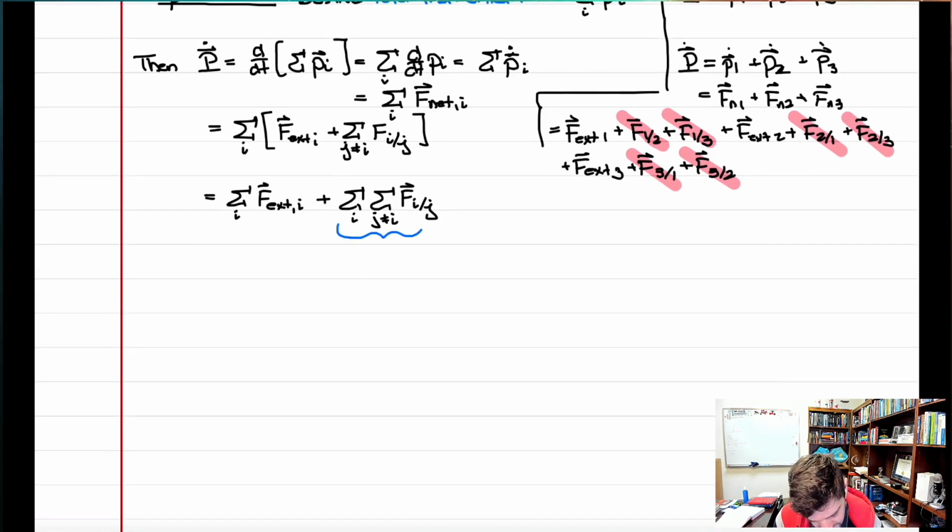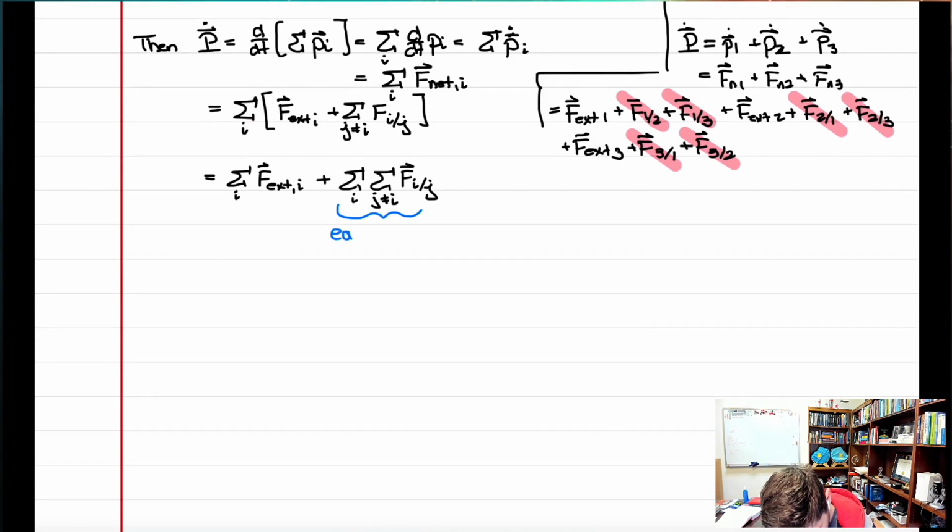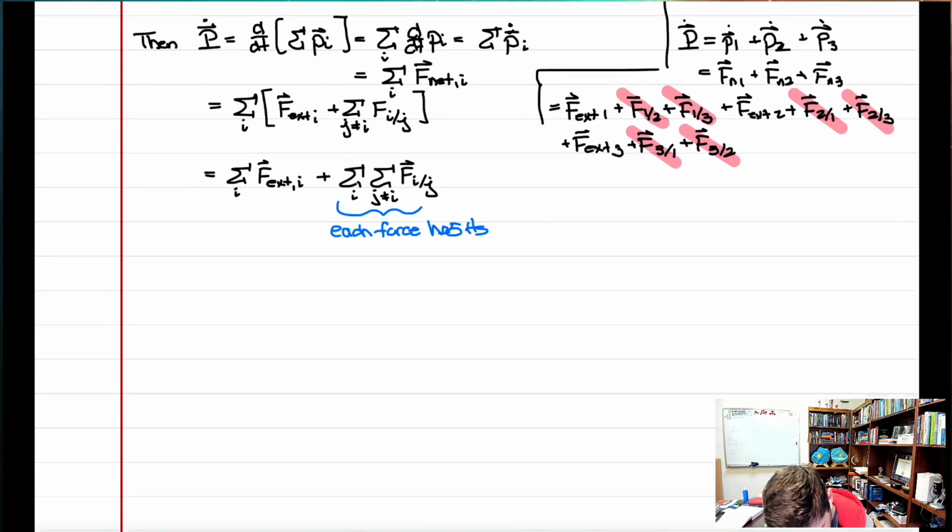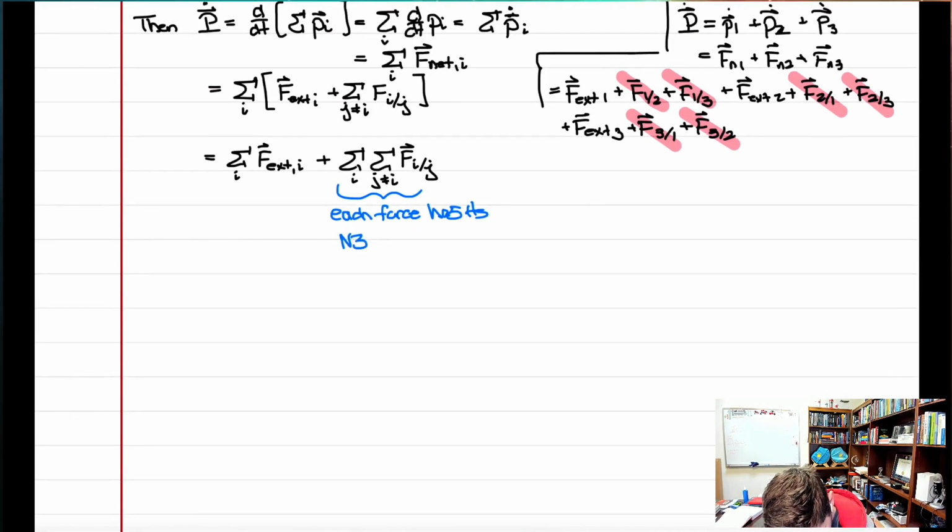Each force has its Newton's third law pair here too. That sum, which might be billions upon billions of forces, somewhere in those billions and billions of forces, for a given force is its Newton's third law pair, so they add up to 0.